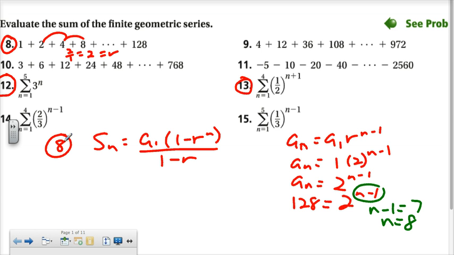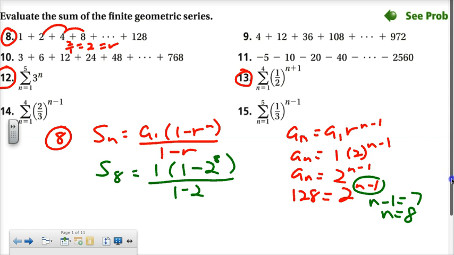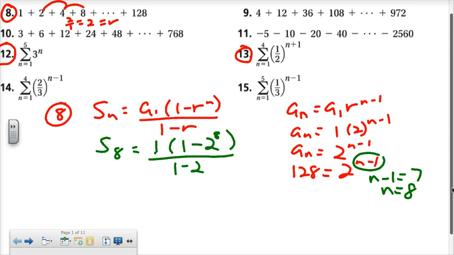So this is the sum of the first 8 terms, where the first term is a 1. The common ratio was a 2. Again, n is 8, divided by 1 minus r. Well, 1 minus 2 is just going to be negative 1, and 1 divided by negative 1 will be negative 1.